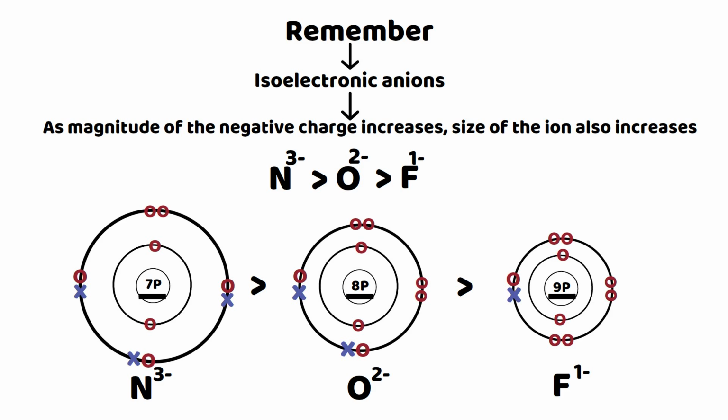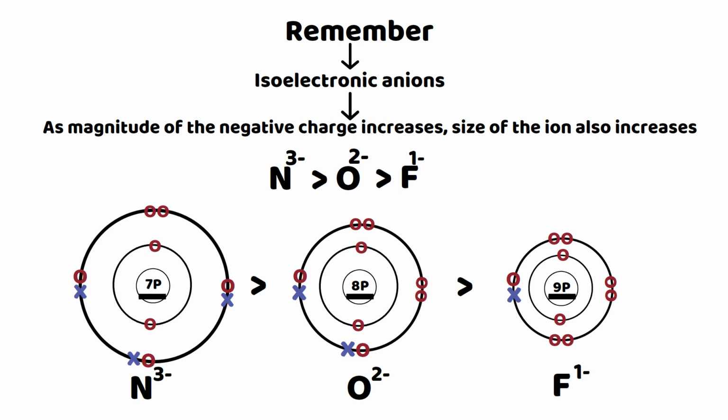In case of N3 minus ion, the attraction of 7 protons for 10 electrons is weaker, so size is larger. The 8 protons of O2 minus ion attract its 10 electrons more effectively than N3 minus ion, so size of O2 minus ion is smaller than N3 minus ion.